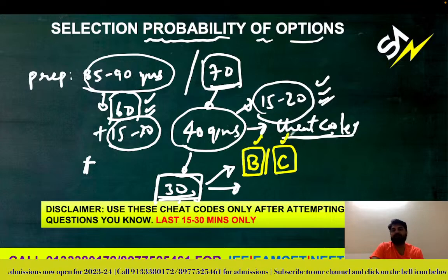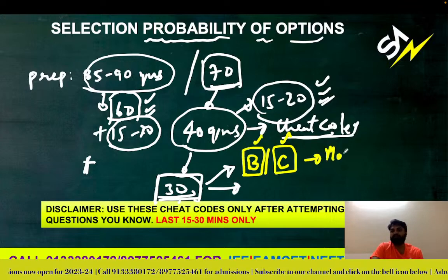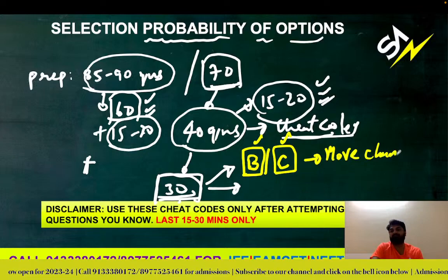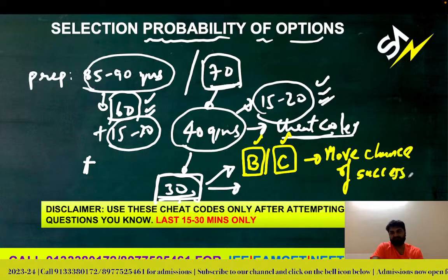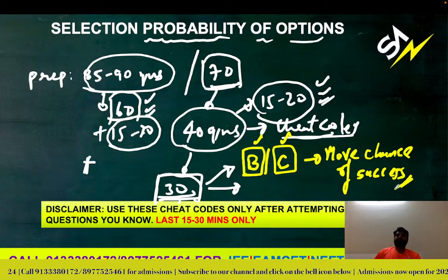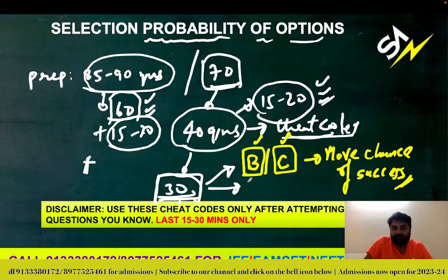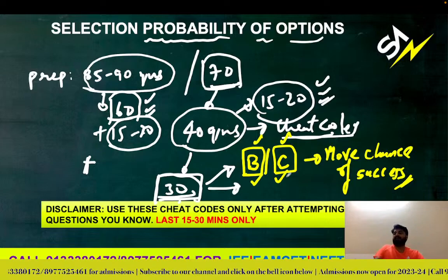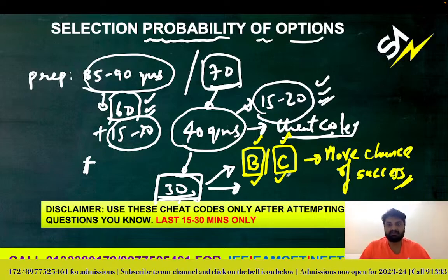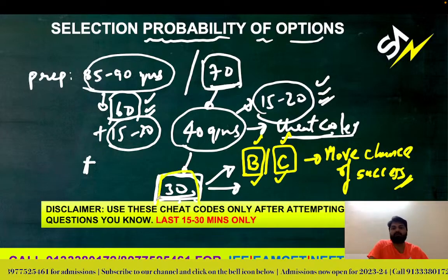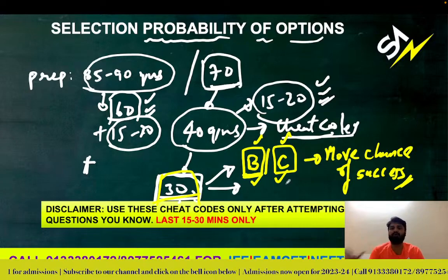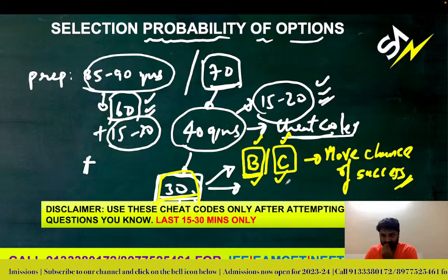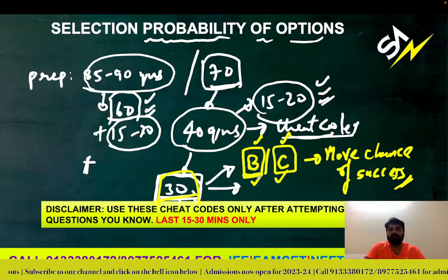Give either B or C options, because there is more chance of success. When you take any response sheet, generally B and C options will be more than A and D options. So the remaining 30 will be pure guesses. You either give all B or all C. Don't give half B, half C. Give all B or all C.